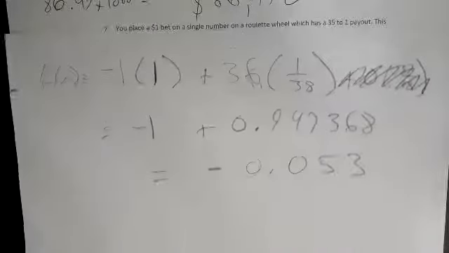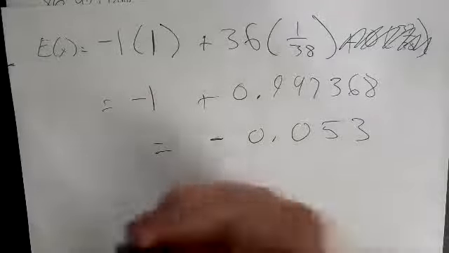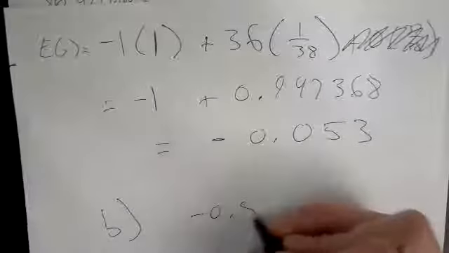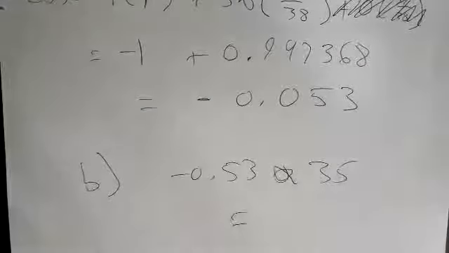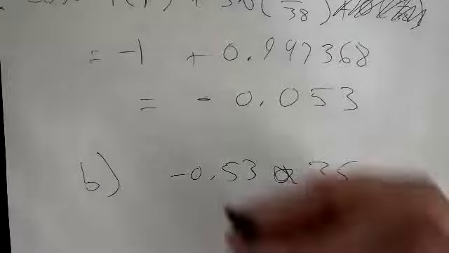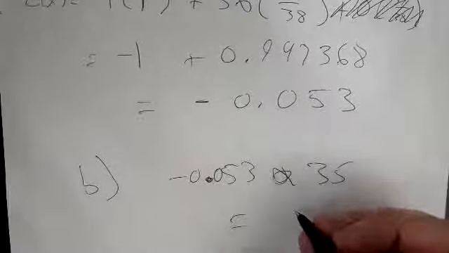What if you play 35 turns? Would you just multiply that by 35 here then? You multiply that number you just got by 35. I didn't round this, so I don't know if it's going to come up minus 0.053. Let me see how close this comes up. If you don't round it, you get about minus 1.84.